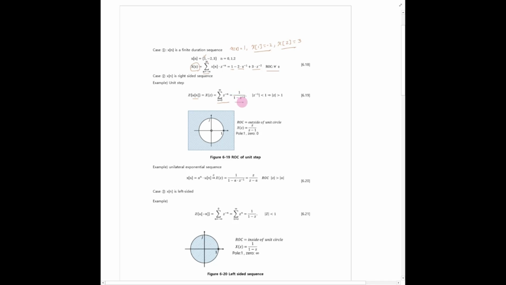This is the G transform of a unit step sequence. To converge, this should be less than 1, because in a power series the ratio should be less than 1. So this is that condition. Then g is outside of the unit circle. This is the region of convergence for this G transform.